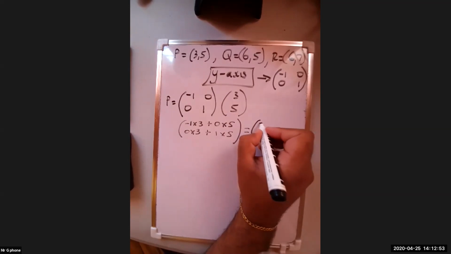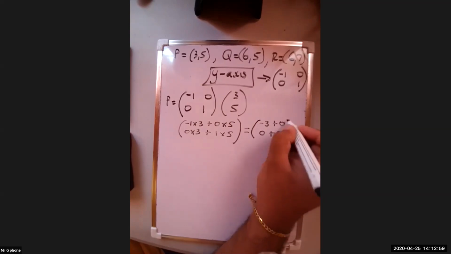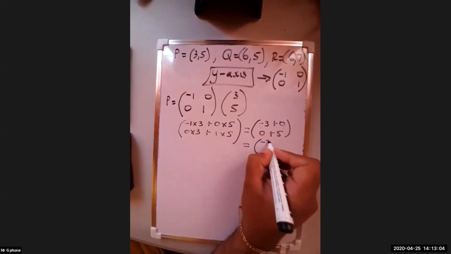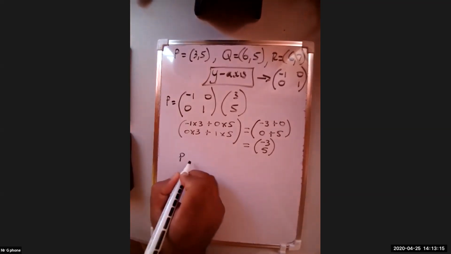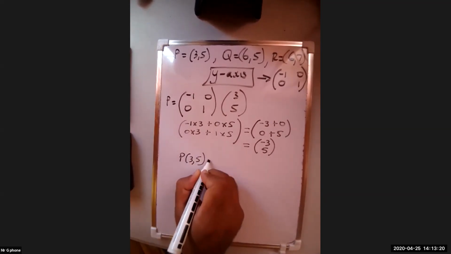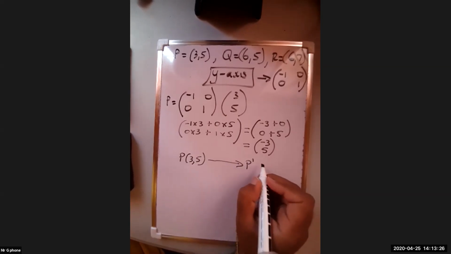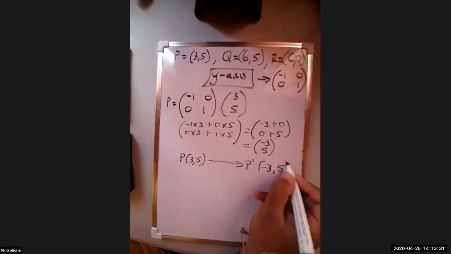So this will give us negative 3 plus 0, and then 0 plus 5. So this will work out to be negative 3 and 5. Everybody good? Yes, sir. So P, which is 3, 5, is mapped onto, we call this P inverse, here P1, which is negative 3 and 5.